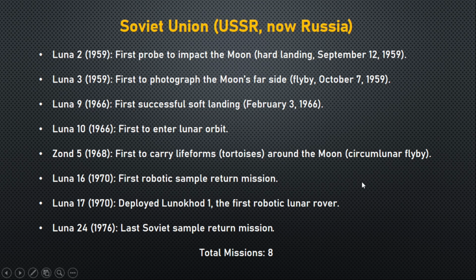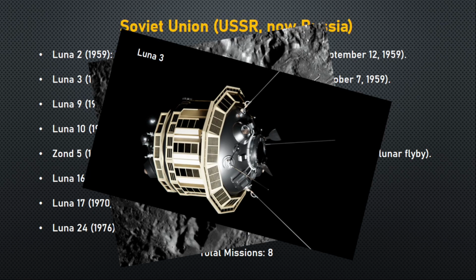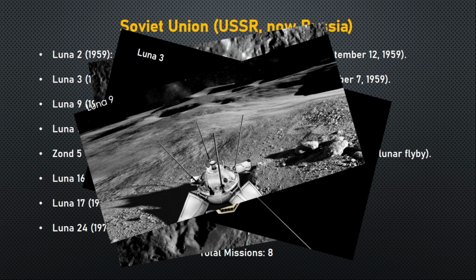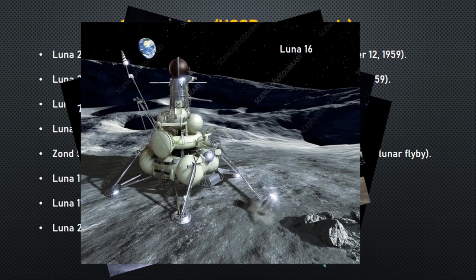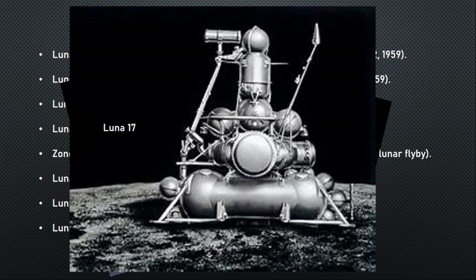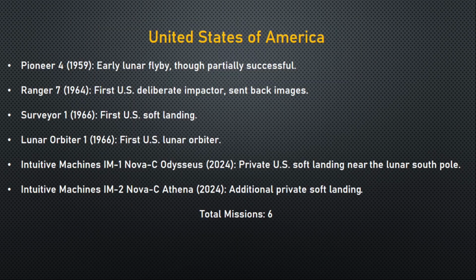That is quite understandable because the Soviet Union has fallen, and now we have Russia. So here are pictures: Luna 2, Luna 3, Luna 9, Luna 10, Zond 5, Luna 16, Luna 17, and the last one, Luna 24.